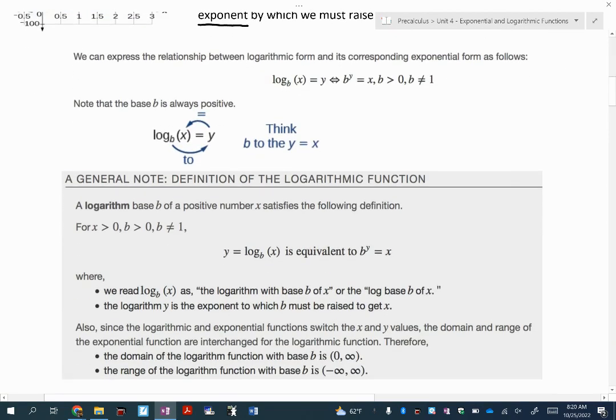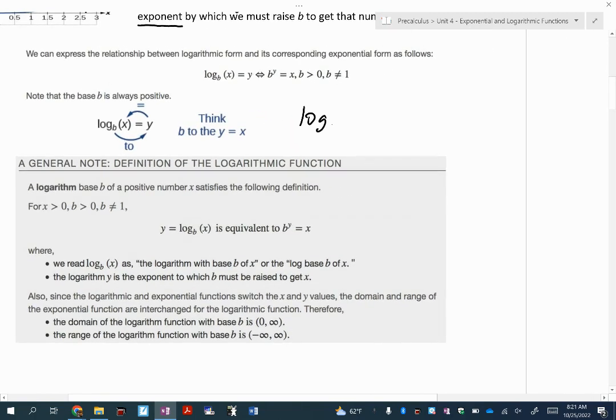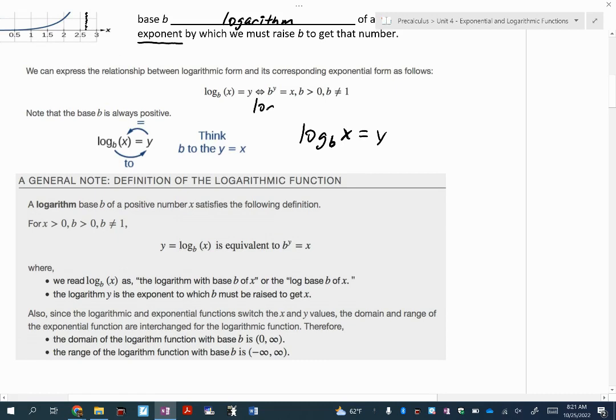Here is the way that I think of this. I'll rewrite it again: log base b, so think of that as a little subscript, of x equals y. I read this as log base b of x equals y. This is how you read a logarithm.